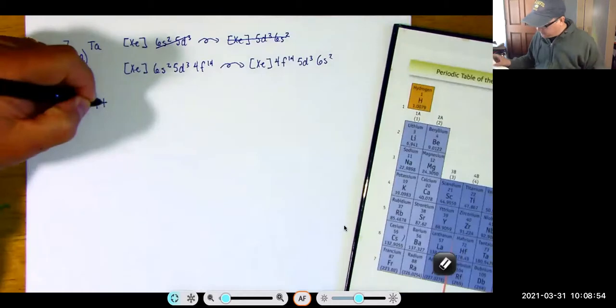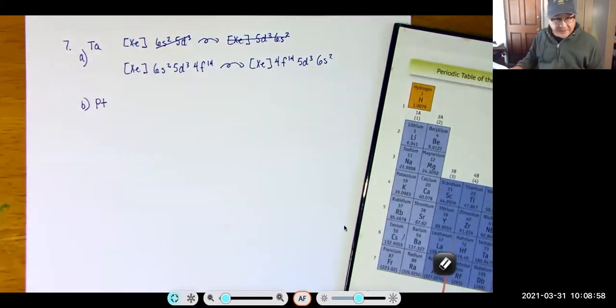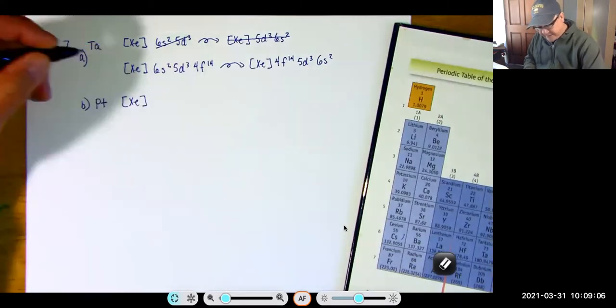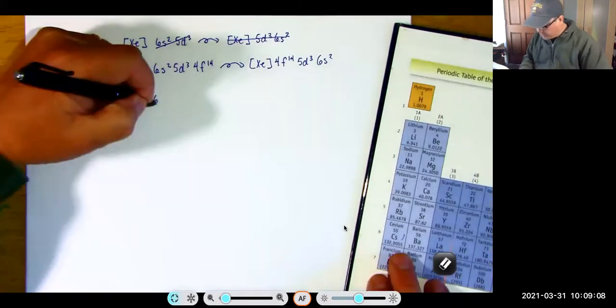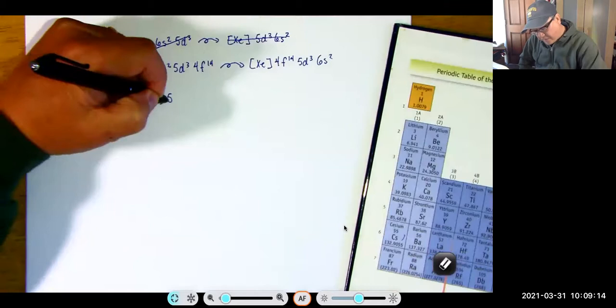Pt. So platinum is in the 6th period, so the preceding noble gas is xenon. So we're going to write a 6s2, 1, 2, 3, 4, 5, 6, 7, 8, a 5d8, and a 4f14.